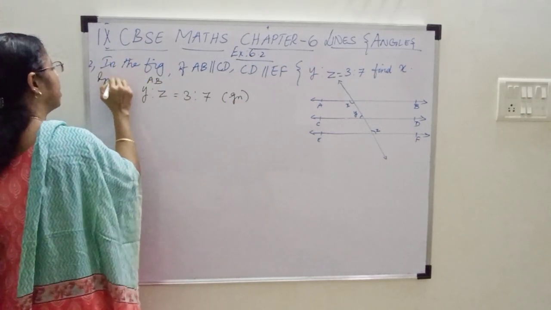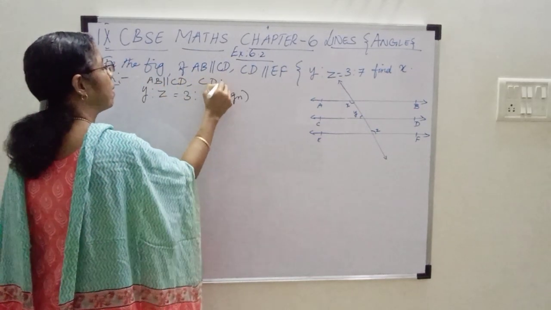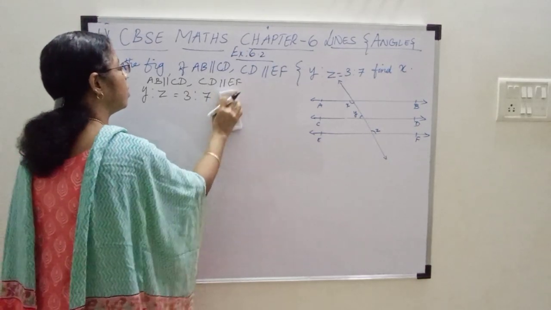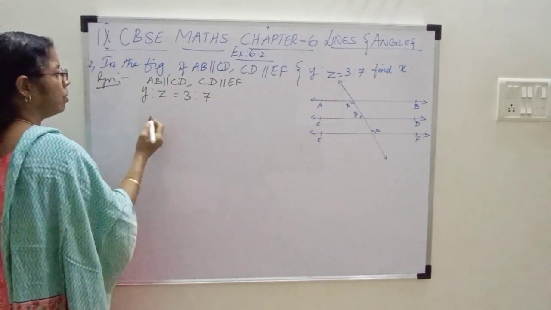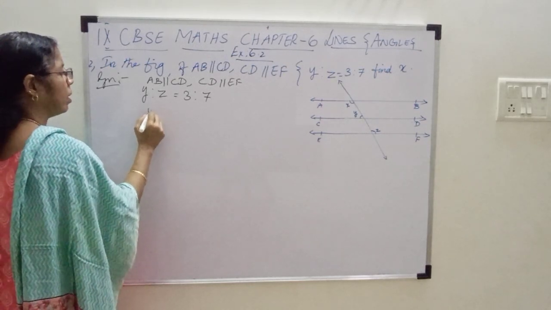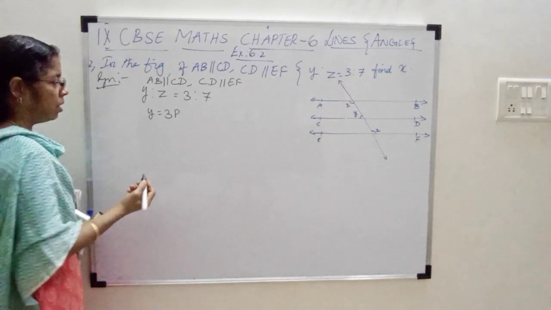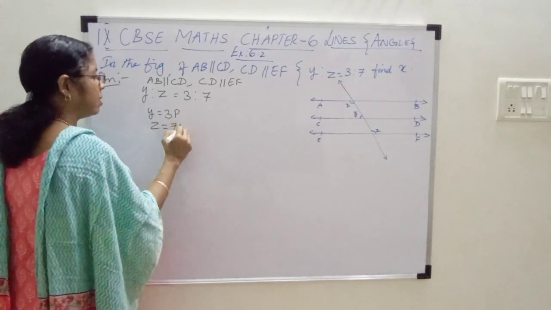We'll write here. Given AB is parallel to CD, CD is parallel to EF. Then Y:Z is equal to 3:7. Then from this, Y can be considered as some unknown factor, 3p. Then Z can be taken as 7p.